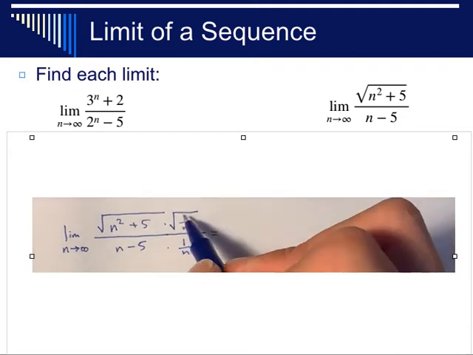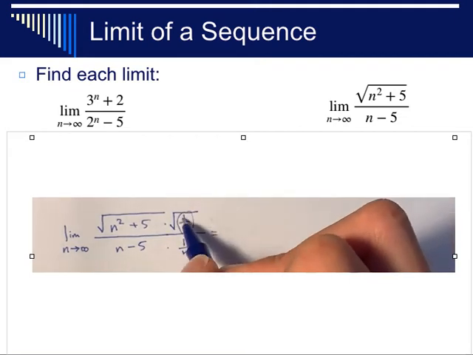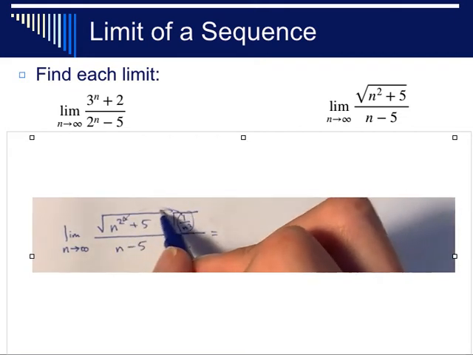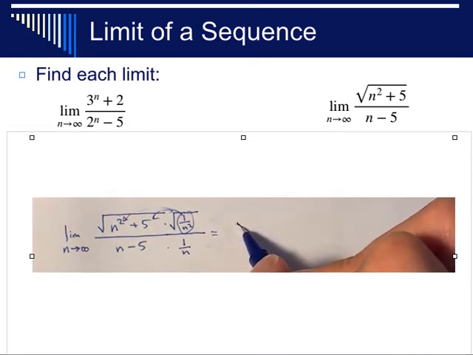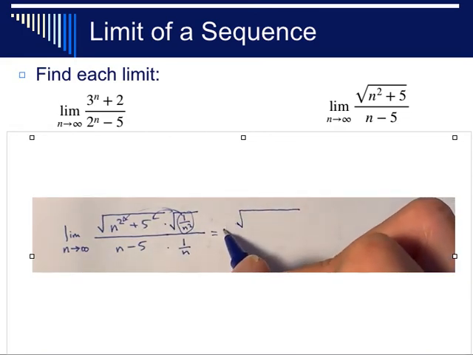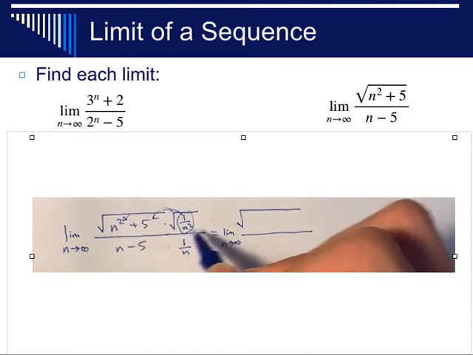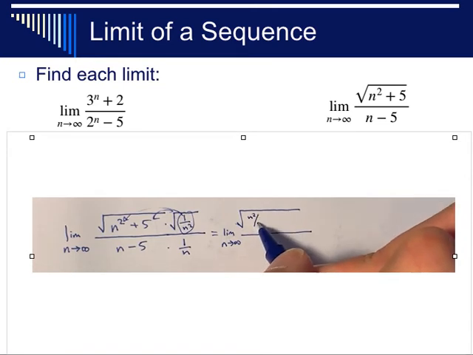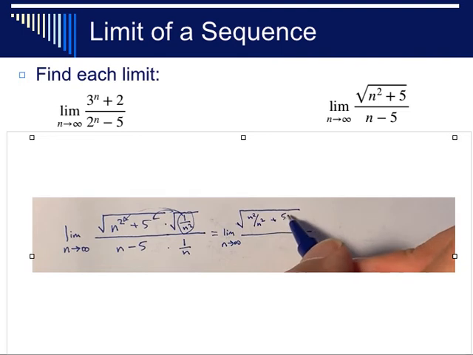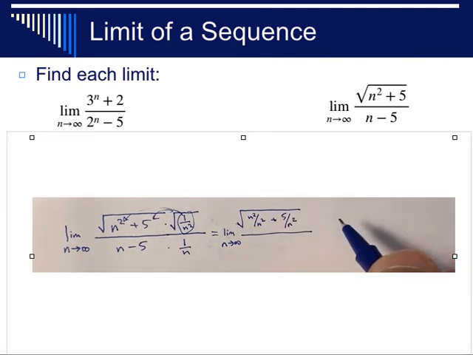On the top, then, I can distribute this 1 over n squared to each of these terms, and that's going to still be under the square root, and I haven't taken the limit yet. This will become n squared times 1 over n squared, which is just 1, plus 5 over n squared.